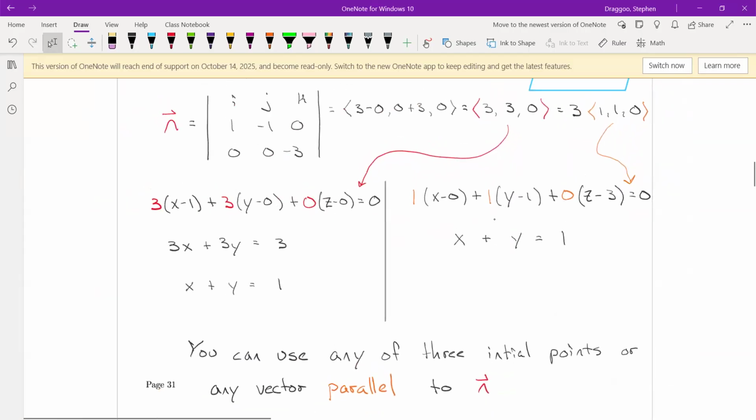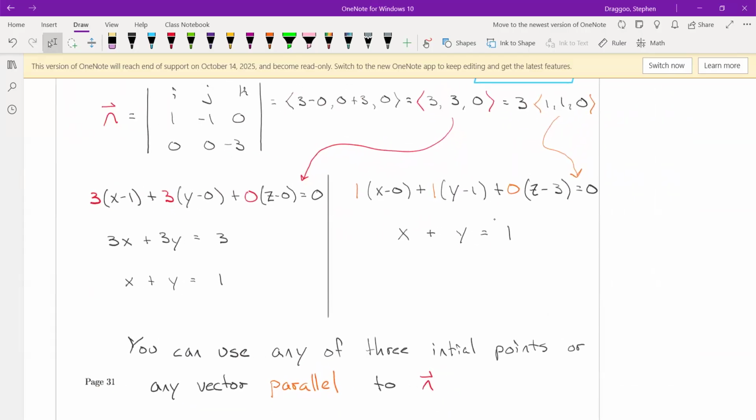And one point I want to highlight here is that I constructed this plane using 2 slightly different normal vectors. Because I originally did my cross product and I got 3, 3, 0. But really, that's just 3 times the vector 1, 1, 0. So I can factor a 3 out of that normal vector. And using either normal vector, I can get the same equation for this plane.